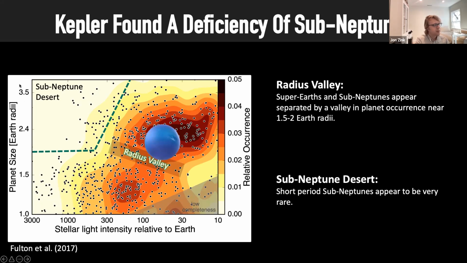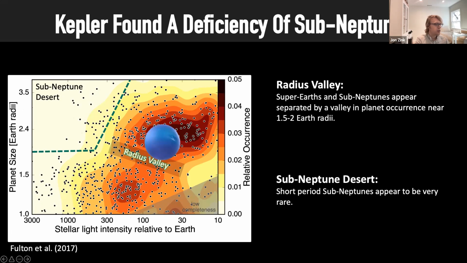And there's a few interesting features that pop out of the demographics. One of them, as I previously alluded to, was the sub-Neptune desert, seeming to be a large dearth of planets over here. And another one is the radius valley.